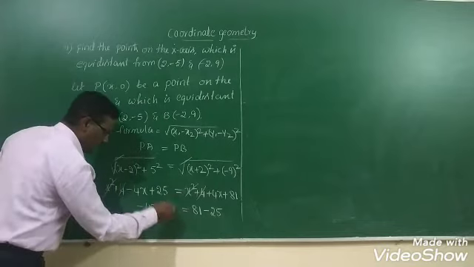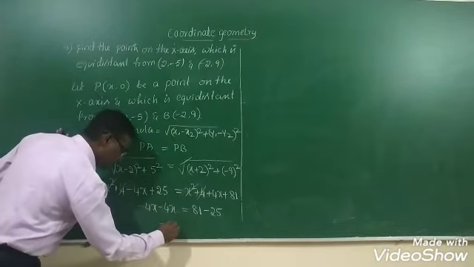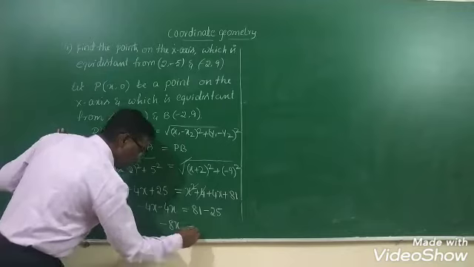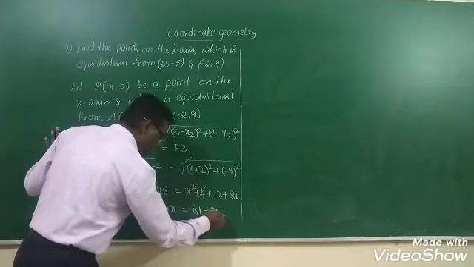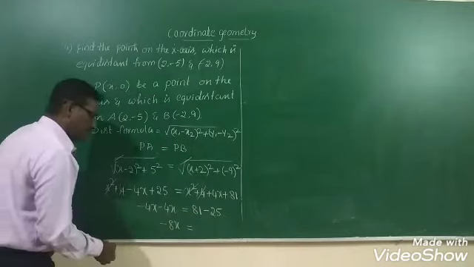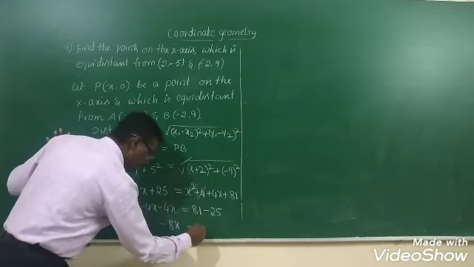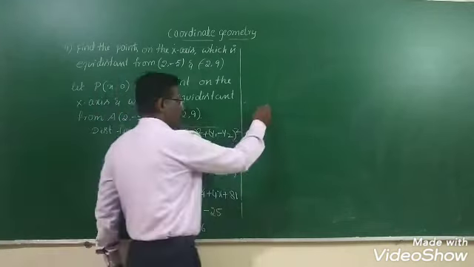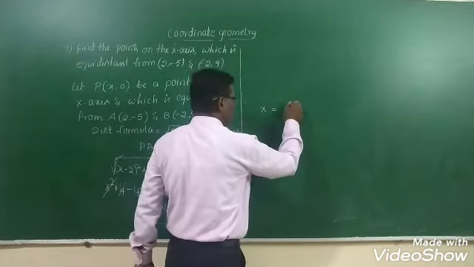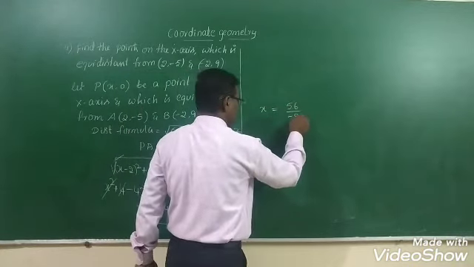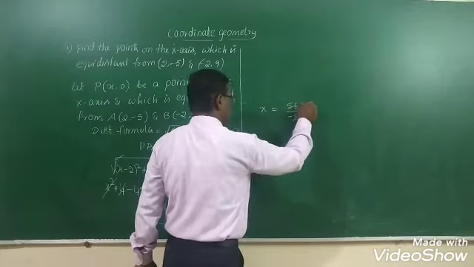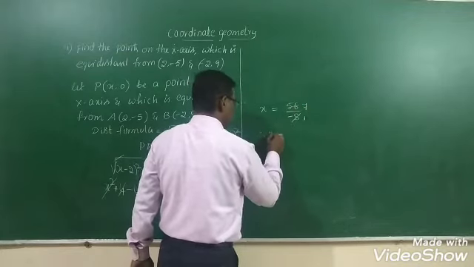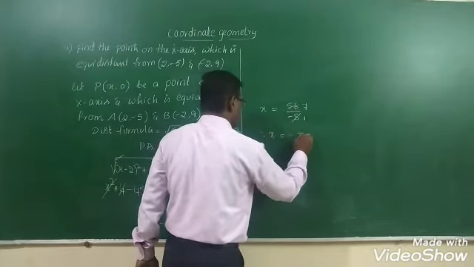Minus 4x minus 4x is minus 8x equals 81 minus 25. 81 minus 25 is 56. Therefore, x equals, by transposing, 56 by minus 8. Cancellation, 8 7s are 56. Therefore, x equals minus 7.